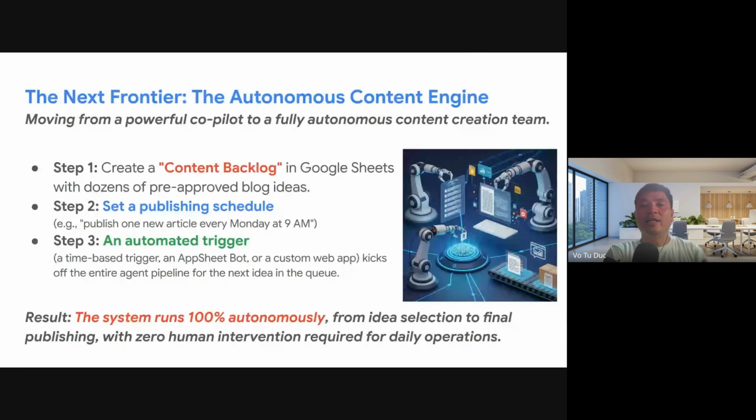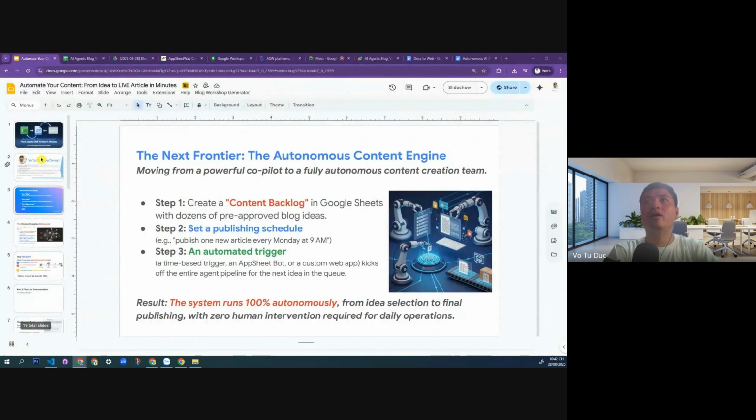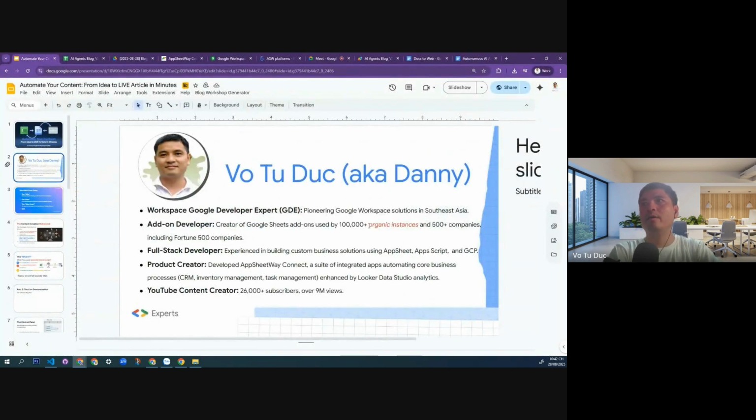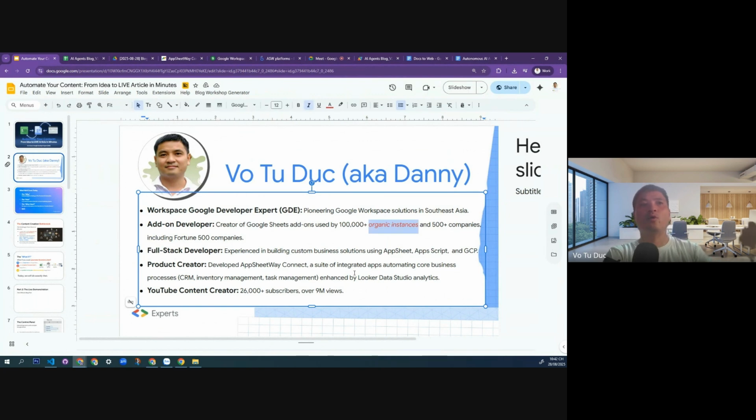So the main idea here is, as I remember, currently there are around 900 million Google Sheet active users. So if we deploy something like this to the Google Workspace Marketplace, like what I have done, actually I monetize my add-on, organic 100.